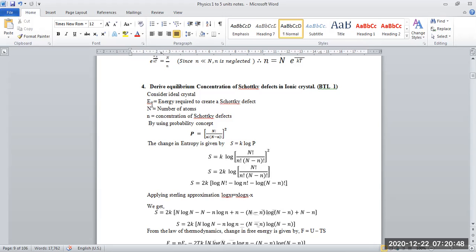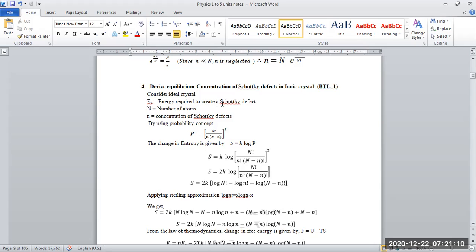Here I'm taking it as E_S, capital E suffix S: the energy required to create this Schottky defect. How is it created? By applying some amount of heat to the ideal ionic crystal, some stress is applied.